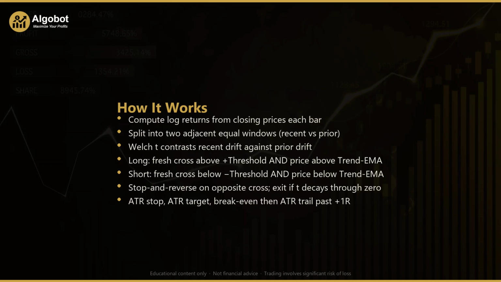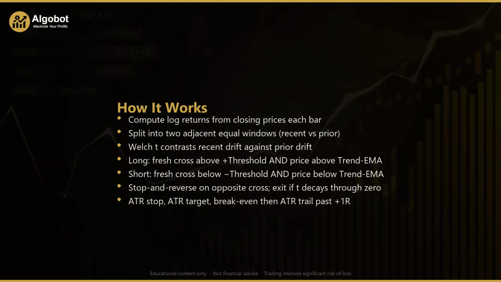The system uses stop-and-reverse logic. If it holds a long and an opposite fresh cross appears, it closes the long and opens a short, and the reverse for a short. There's also a dissipation exit. If the contrast decays back through zero against an open position, the edge is considered gone, and the trade is closed early.